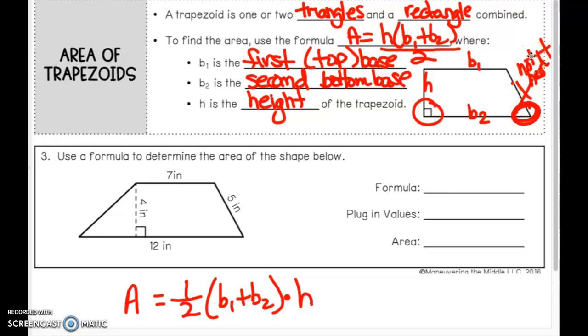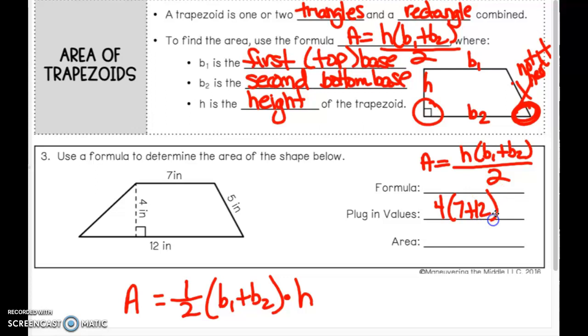So in going down to number 3, we're going to use the formula: area equals the height times base 1 plus base 2 divided by 2. So now we're going to plug in our values. The height is 4. 4 times base 1 is 7. Base 2 is 12.